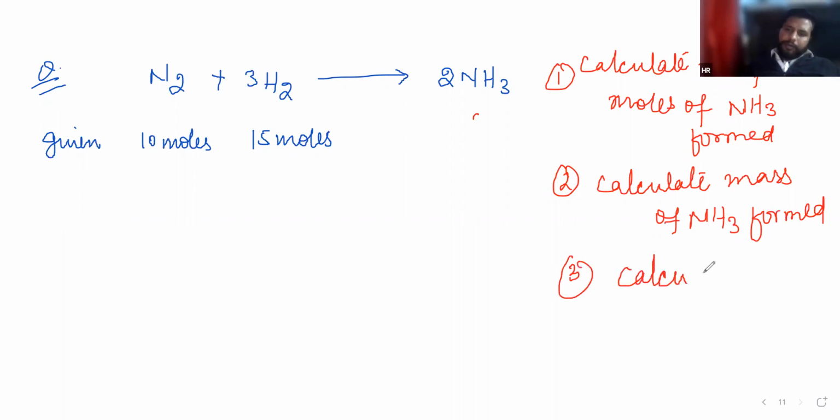Calculate number of moles of molecules. Which one is the limiting reagent? LR. You need to find out LR. First, you have to find LR.